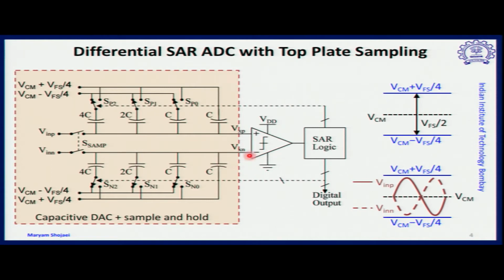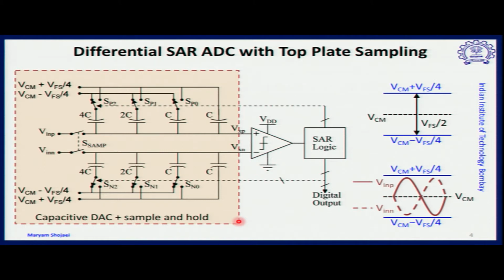Then we have the comparator followed by the SAR logic. The output of the SAR logic is not only the final digital code, but also control signals at every cycle of the conversion. So this is an example of the fully differential architecture.